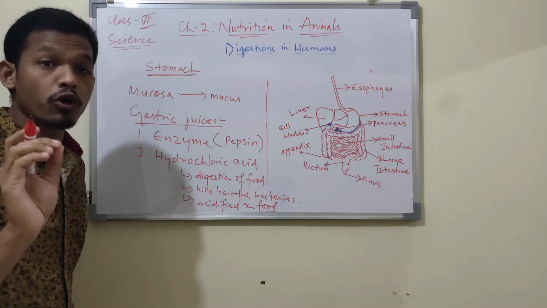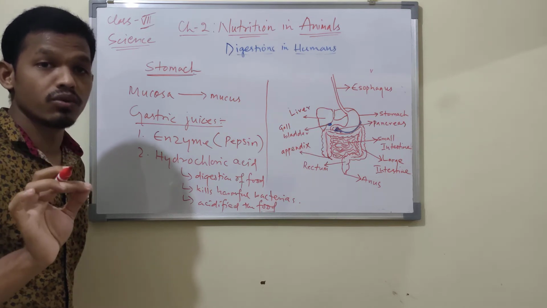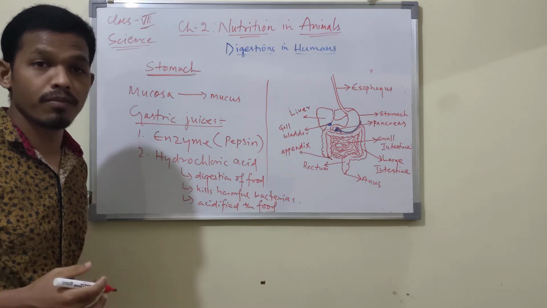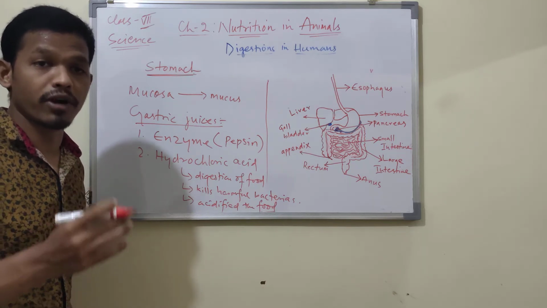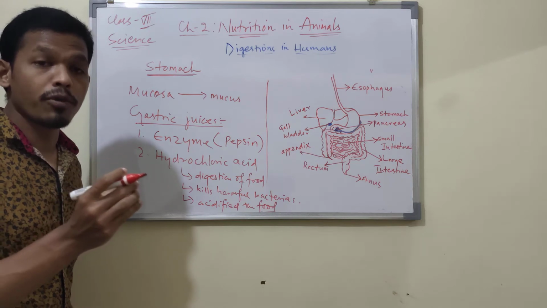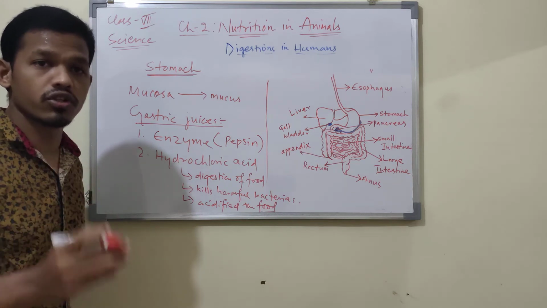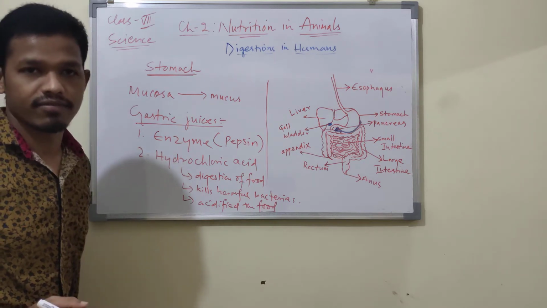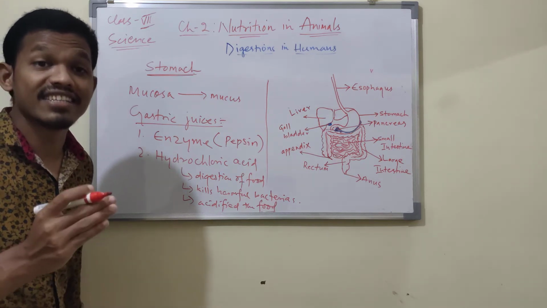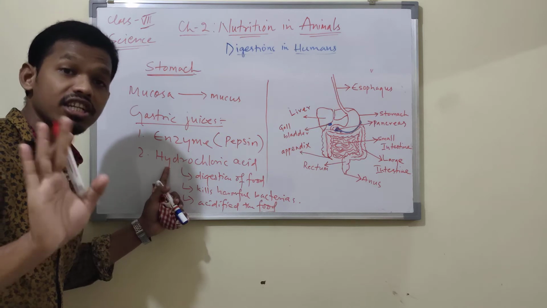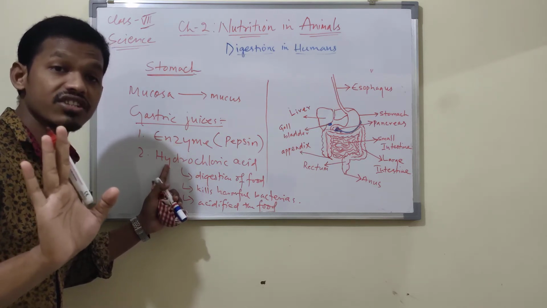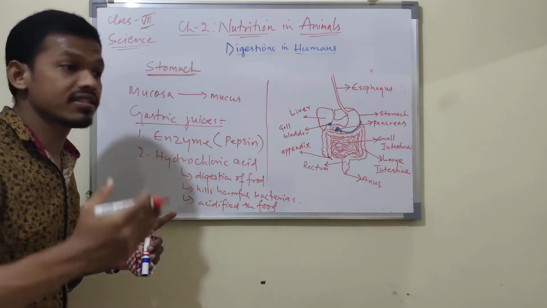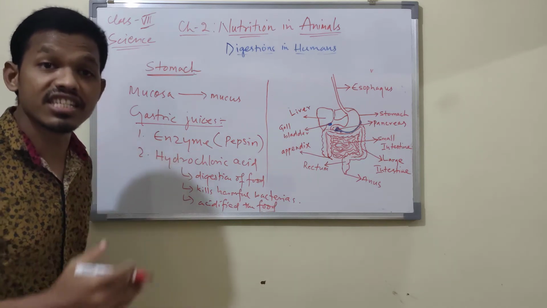As you all know, protein is a nutrient required by our body, and it is also a component of food. This protein cannot be digested by the acid. But what else is there in the stomach which can digest protein?